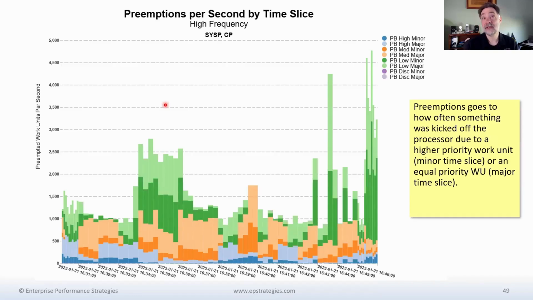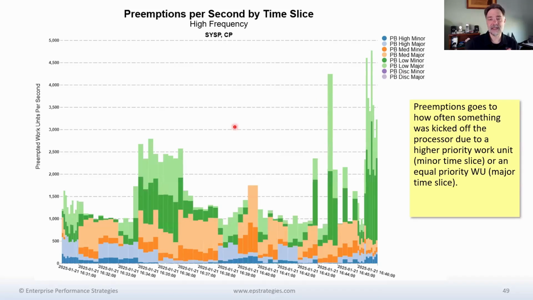We also get to take a look at things like preemptions. So here we have preemptions per second, again, by those priority buckets. These preemptions come in two forms, major and minor preemptions. z/OS is a fair share dispatching and reduced preemption type of dispatcher.